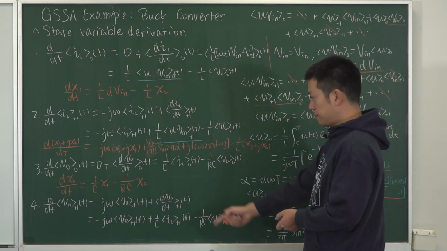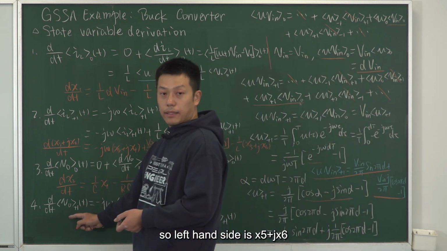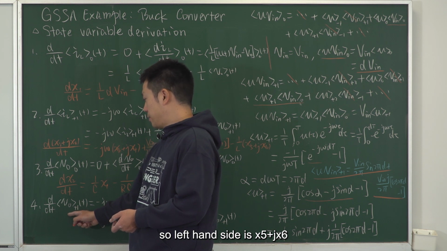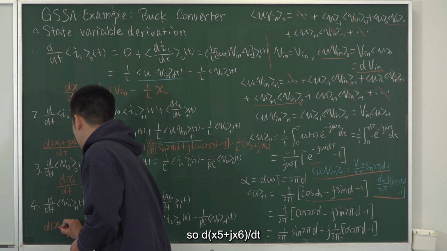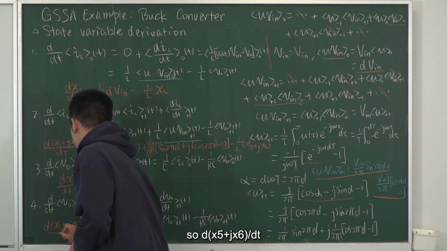And the last one, the left-hand side is x5 plus x6 times j, right? So dx5 plus jx6 over dt.